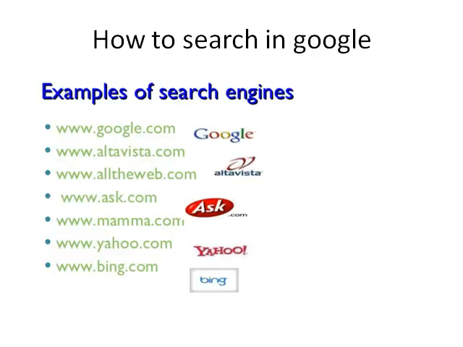Okay, at first we want to introduce you to some search engines. Google is one of the most famous search engines. We have other search engines like AltaVista, AlltheWeb, Ask.com, Yahoo and Bing. Bing is more famous than the others.